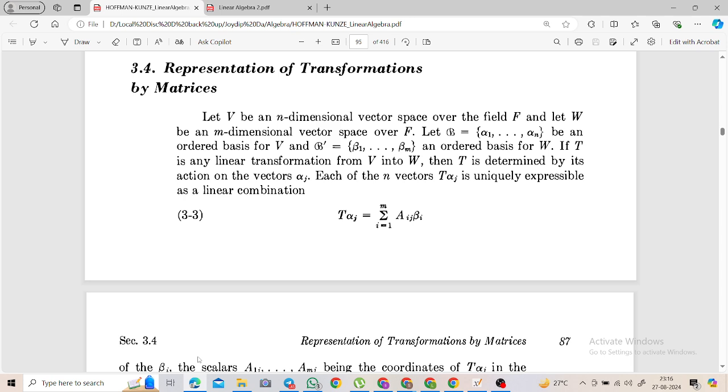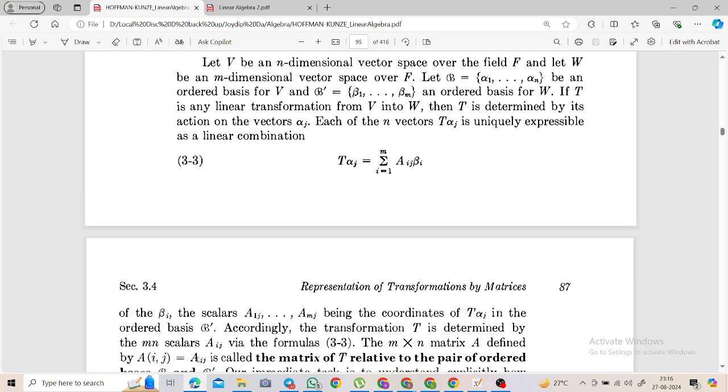This is a very important chapter because we often use this association between a linear map and a matrix between two finite dimensional vector spaces. Here we are actually formalizing that relation. They are saying that V is an n-dimensional vector space over the field F and W is m-dimensional.